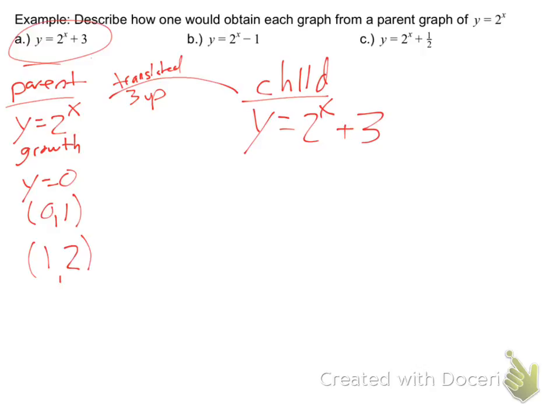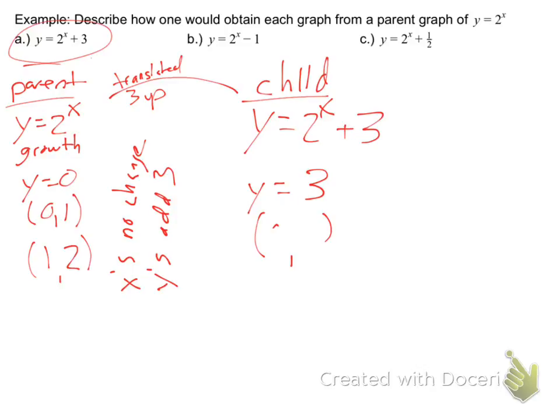So, when I go here, instead of saying y equals 0, I need to add 3, right? Because X's are no change, and Y's add 3. So it's not y equals 0, it's y equals 3. It's not 0, 1. It's 0, 4. It's not 1, 2. It's 1, comma 5.